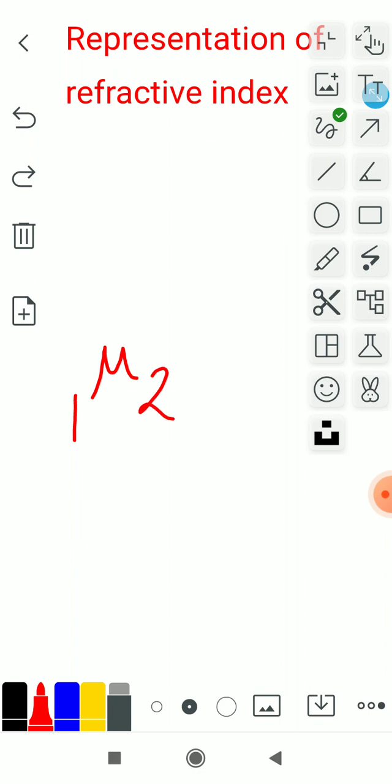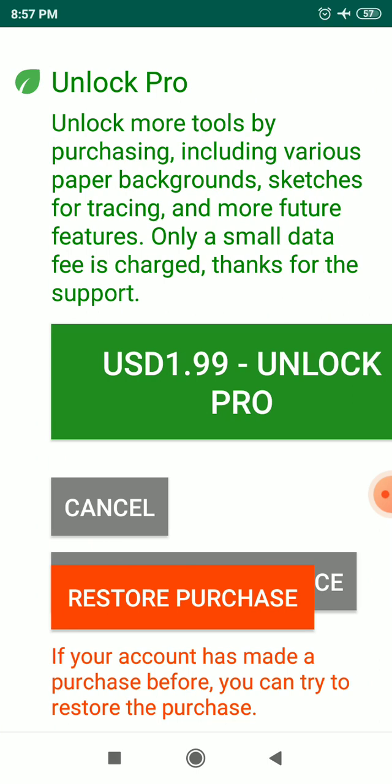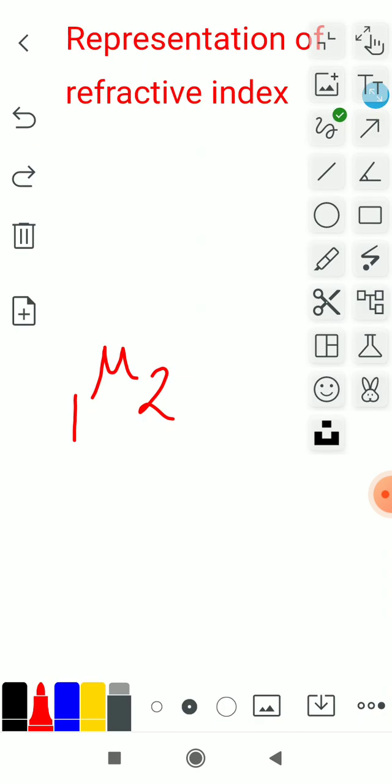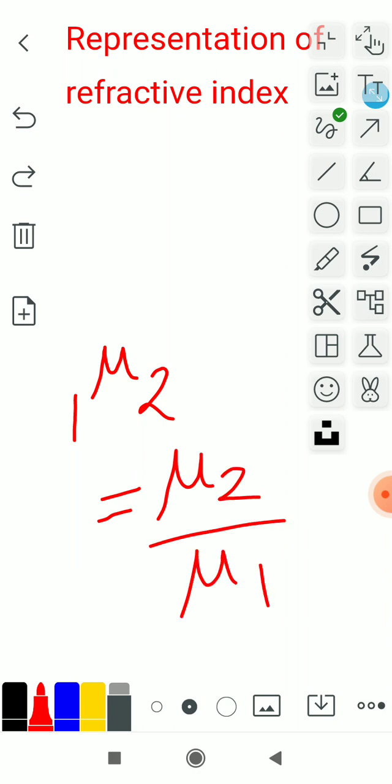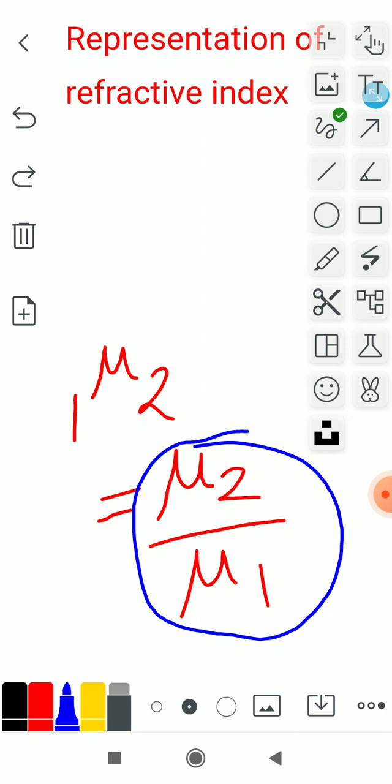On the left-hand side I am writing 1, and on the right-hand side I am writing 2: 1 mu 2. What does it mean? 1 mu 2 means mu 2 divided by mu 1. Now you might be asking, what is this mu 2 by mu 1, and what is this 1 mu 2?